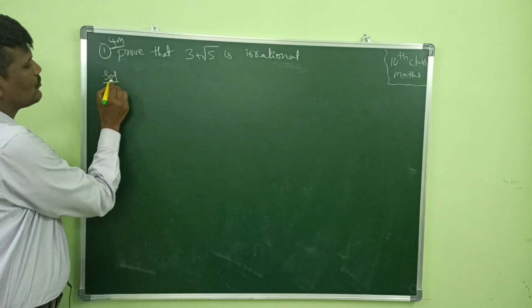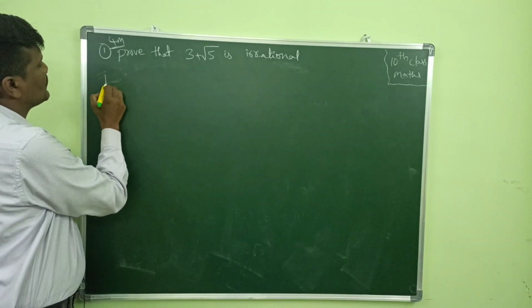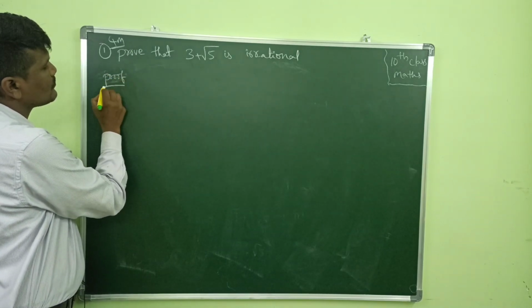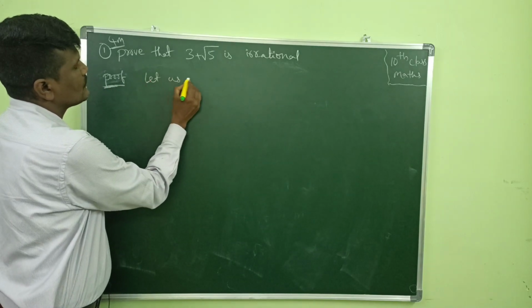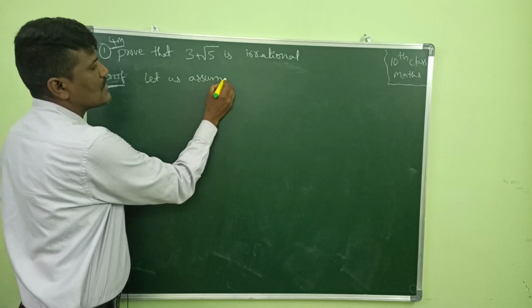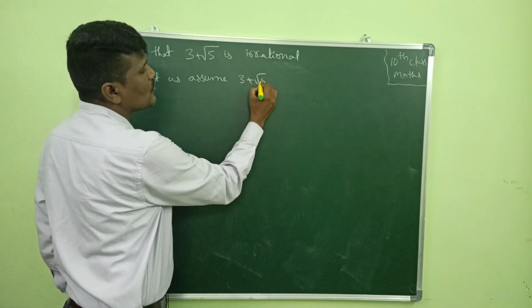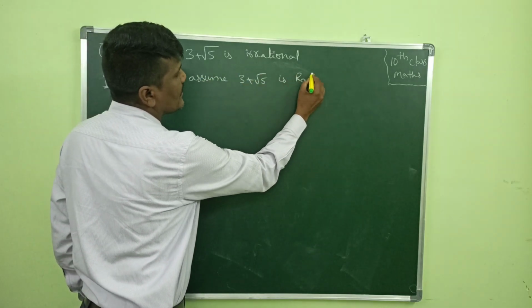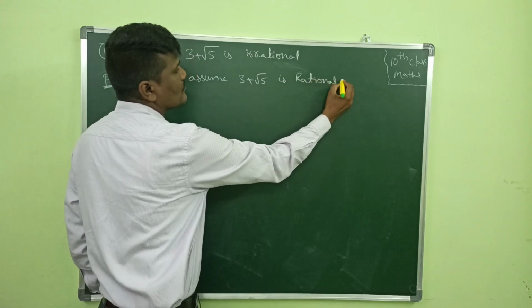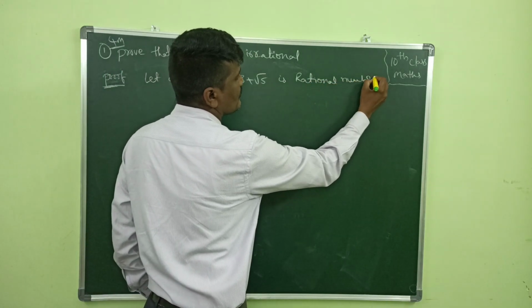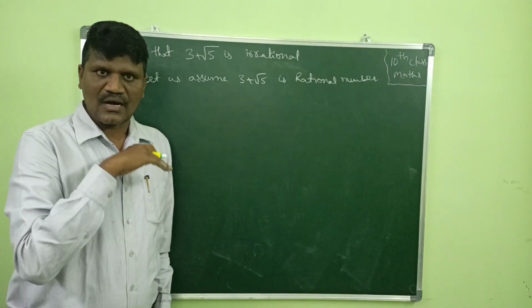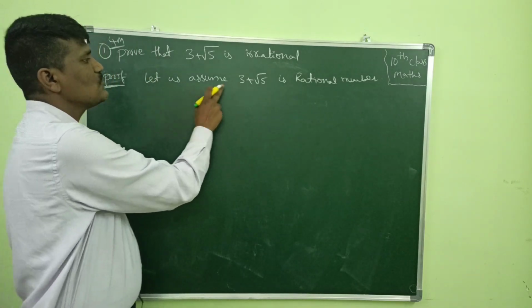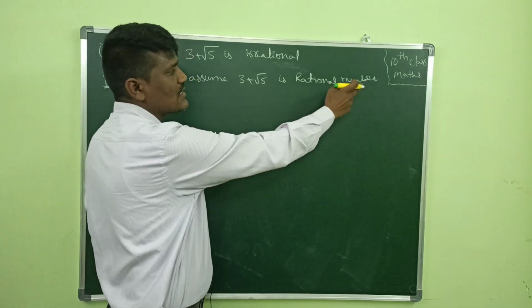Solution or proof; in fact, you can write proof. Let us assume 3 plus root 5 is a rational number. So first we should assume the contrary, that means the opposite. So let us assume 3 plus root 5 is a rational number.